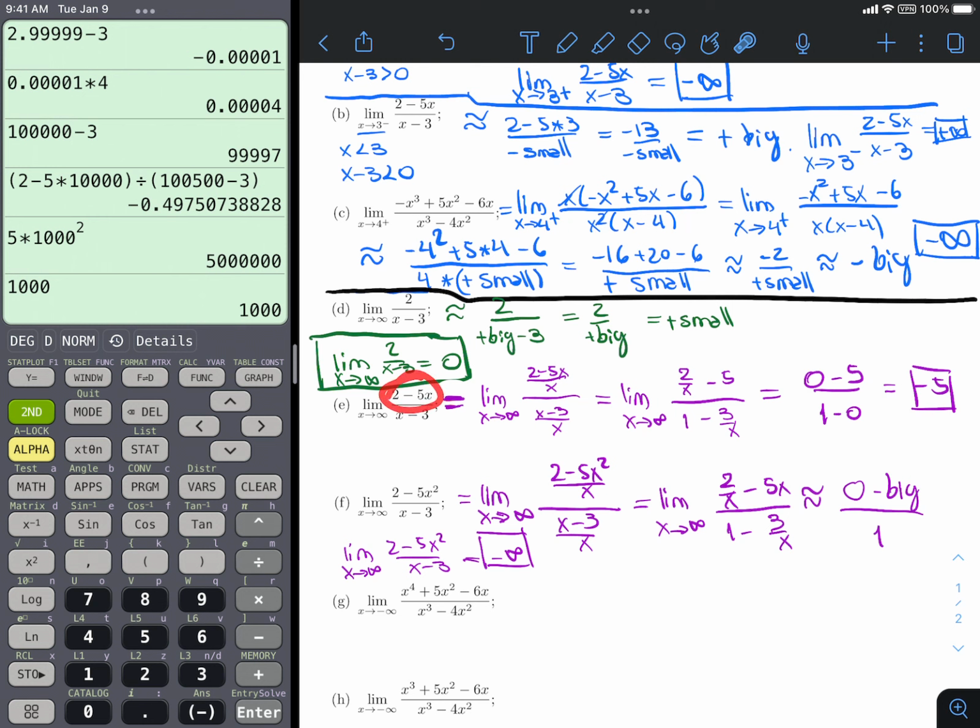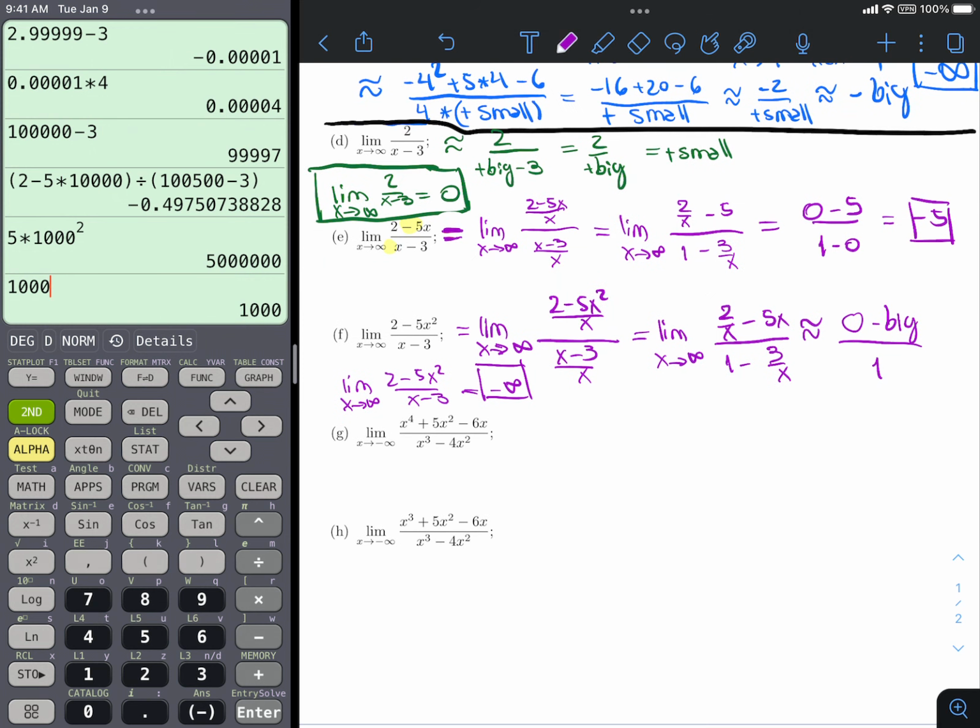The top will be in the thousands, and if I plug in x equals 1,000, the bottom will also be in the thousands. So the x's are sort of canceling out, and the answer is minus 5 over 1. You always think about it that way, matching the leading coefficients.